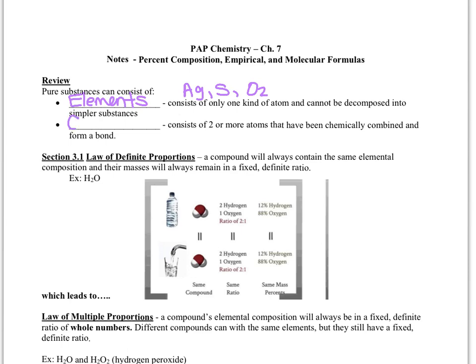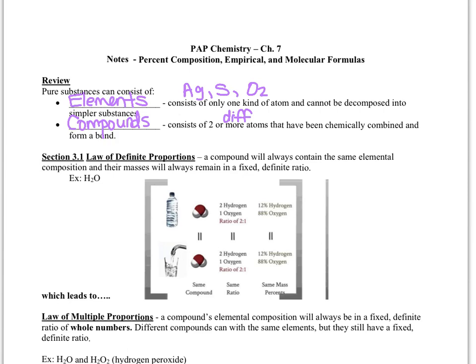Then we also have compounds. Compounds are also pure substances. This is what we spent time learning how to write chemical formulas for, using ionic bonding techniques, covalent bonding techniques. Those are compounds. This is when you have two or more different atoms. That's the key. It doesn't say that on there, but your atoms do have to be different.